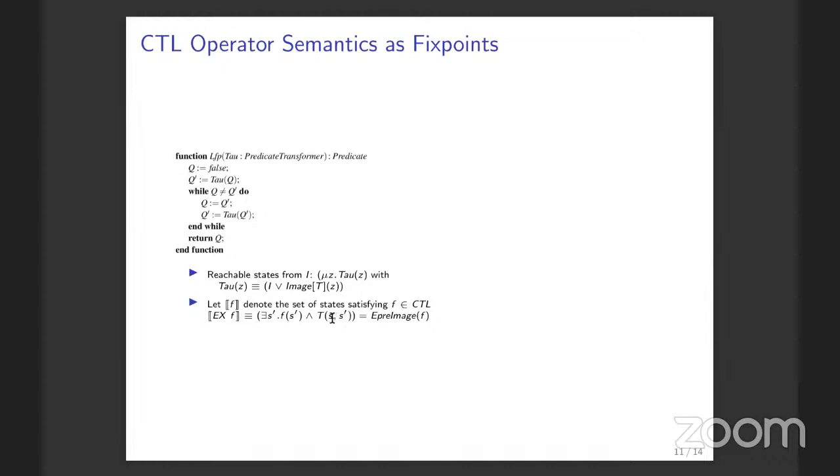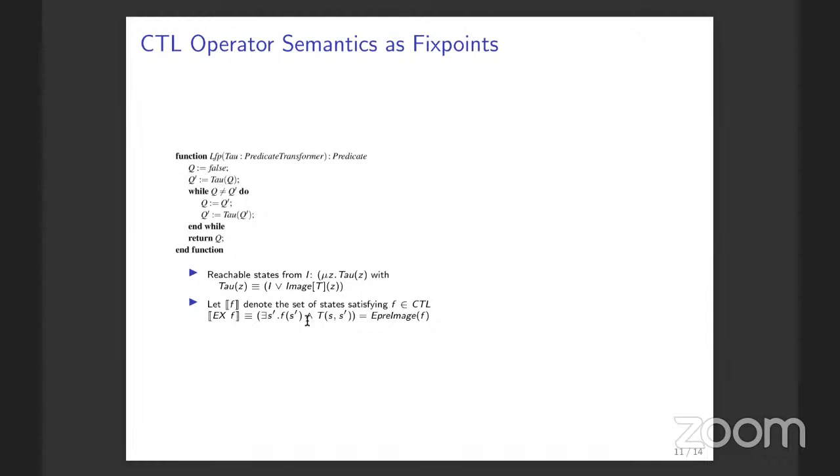Therefore, what is free here is S. So any S that satisfies this existentially quantified formula is a state such that from that state, there is at least one successor that ends up in F, that satisfies F. Okay? So EX of F can be characterized by this one.